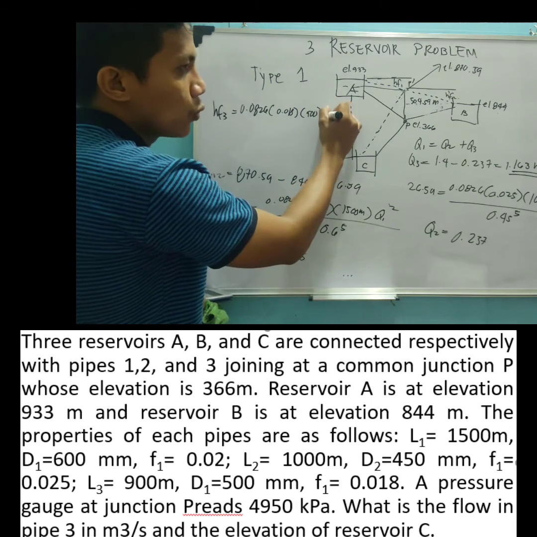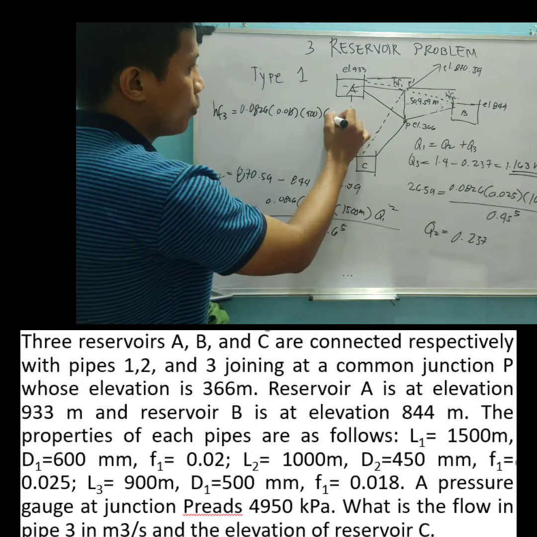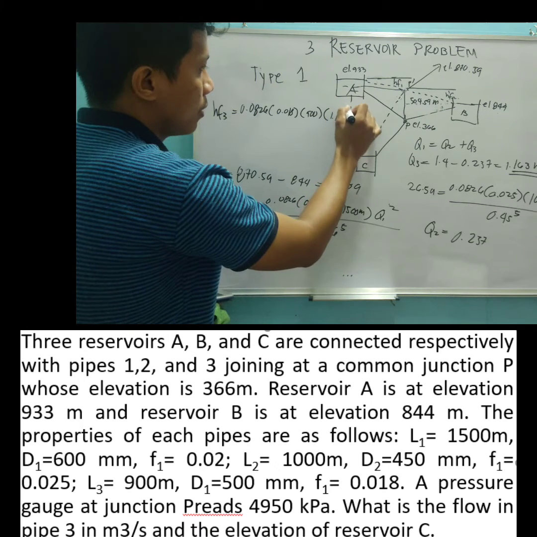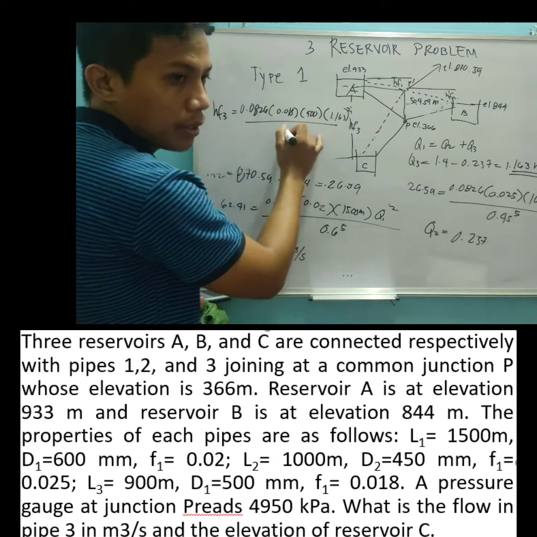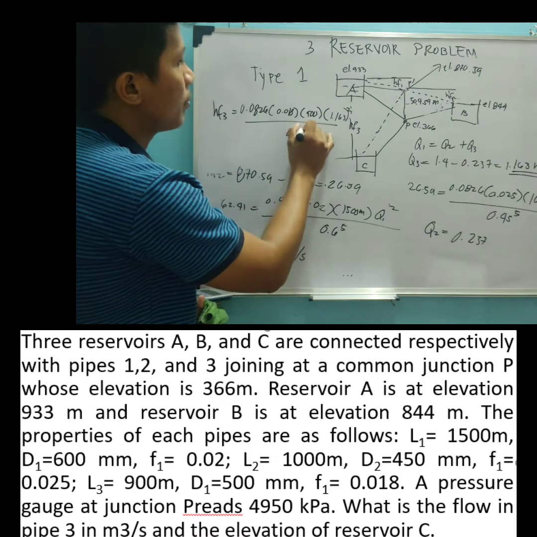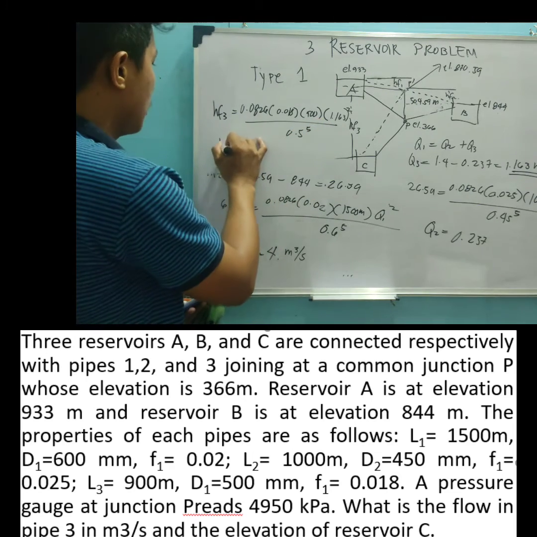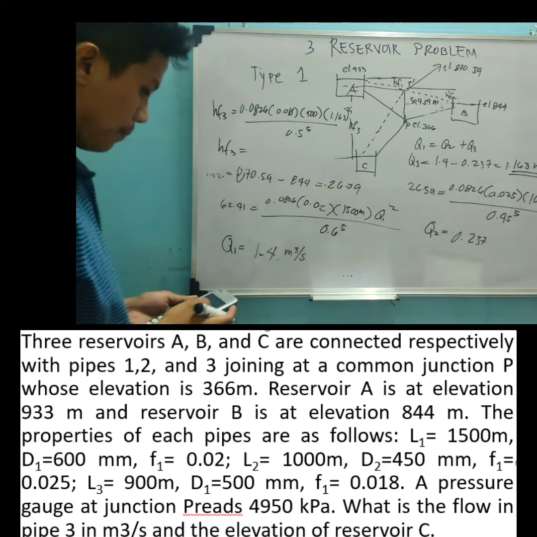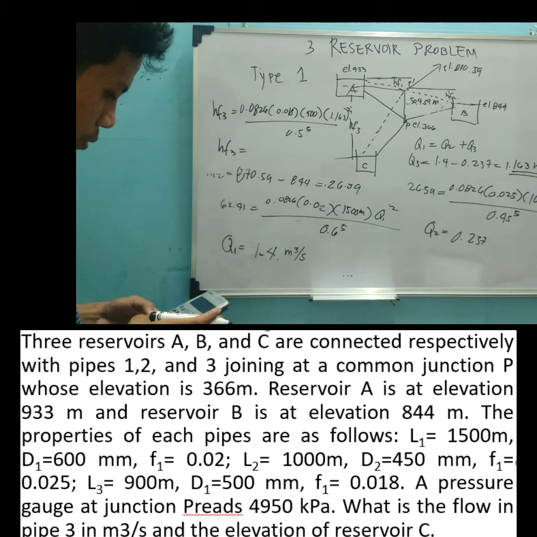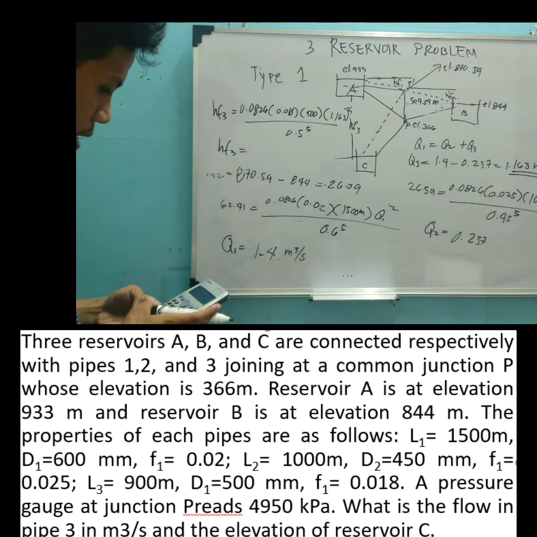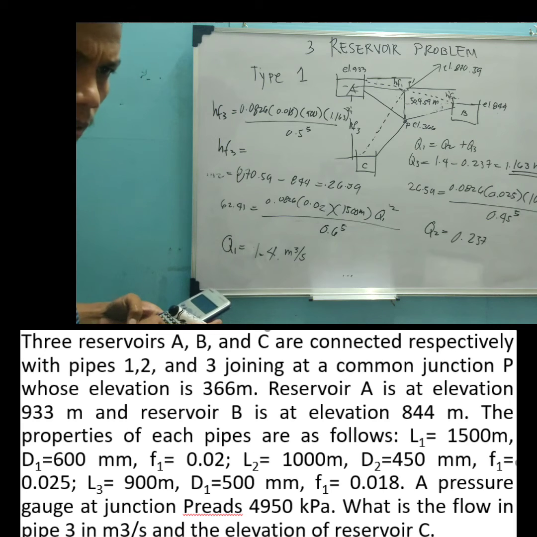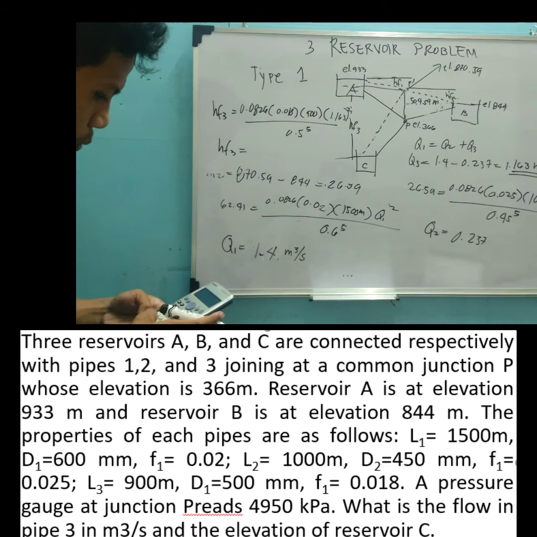Then Q niya is 1.163 squared over, ang diameter niya is 0.5. So HF3 is equals to 0.0826 times 0.018 times 900 times 1.163 squared over 0.5 raised to 5.